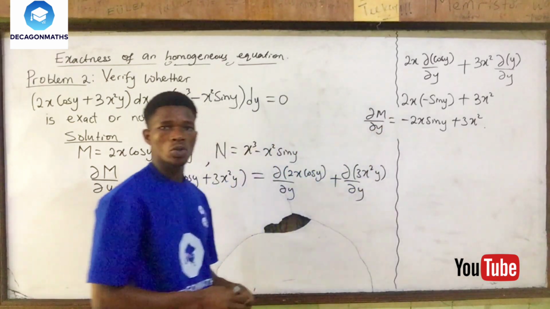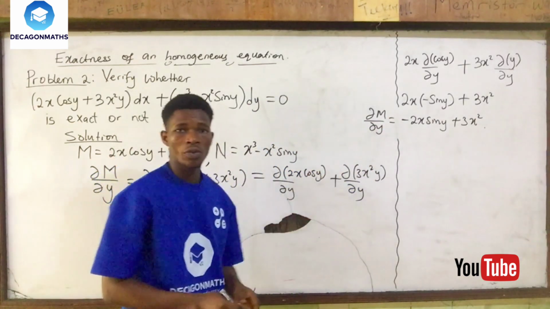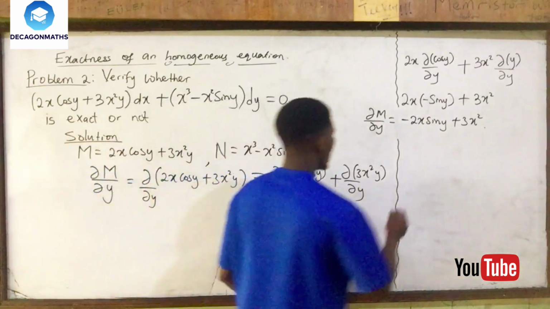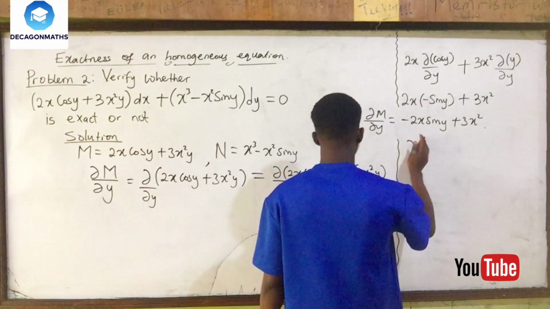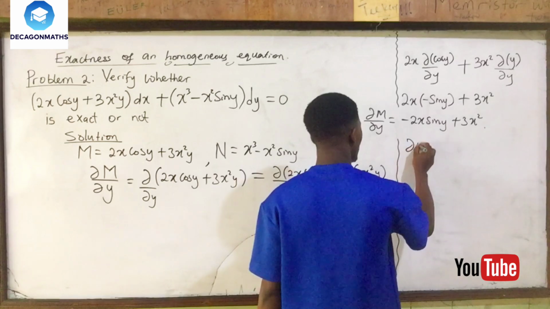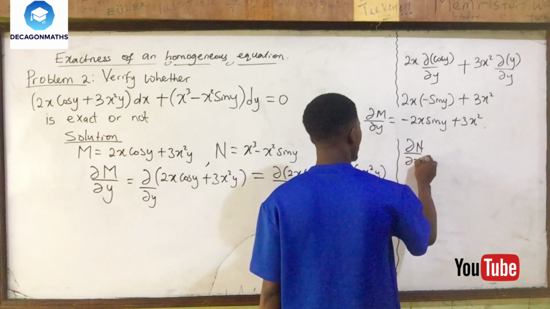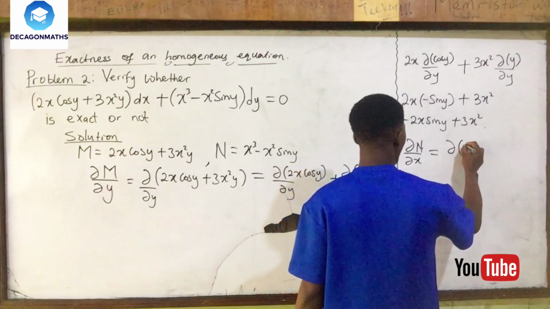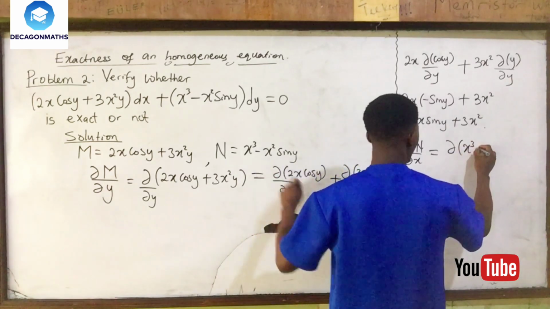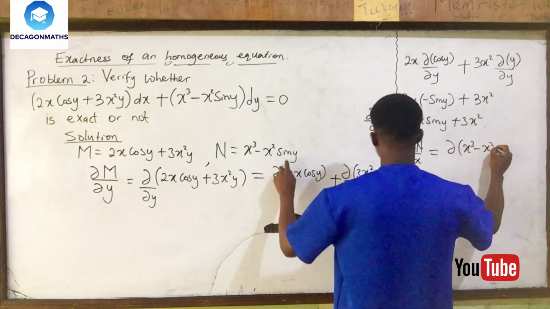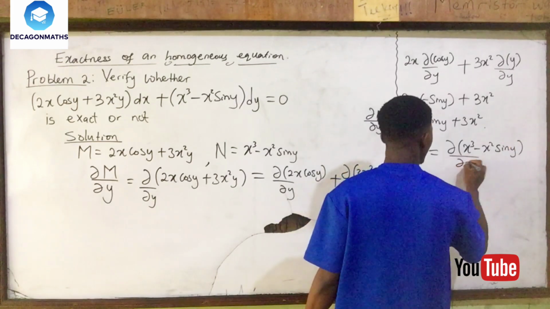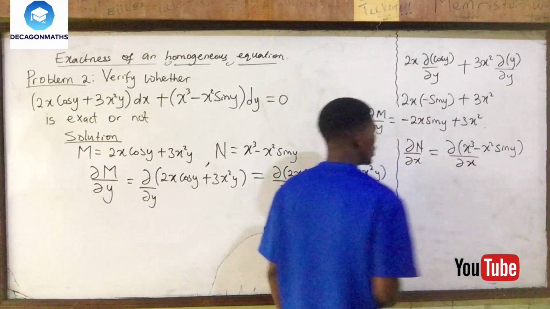The next thing we are going to do is find the partial derivative of N with respect to x. That is the partial derivative of x raised to power 3 minus x squared sin y with respect to x.